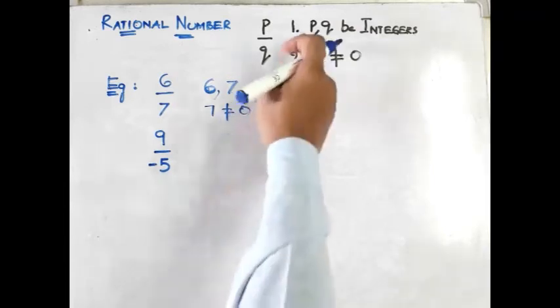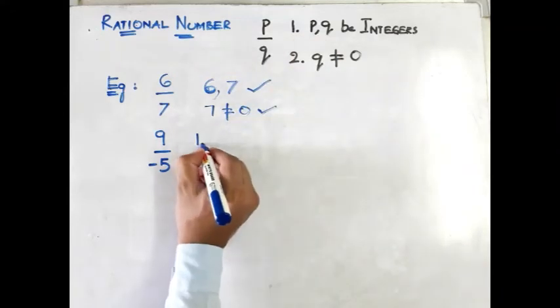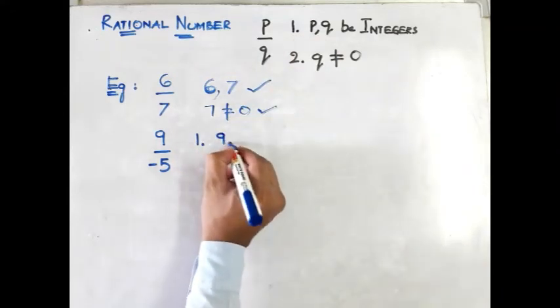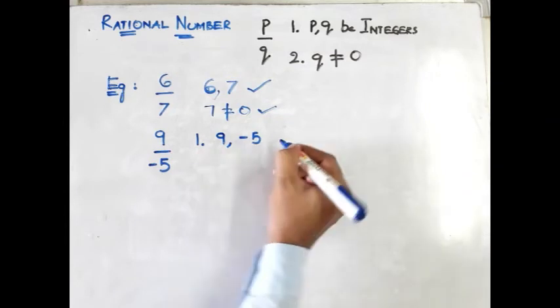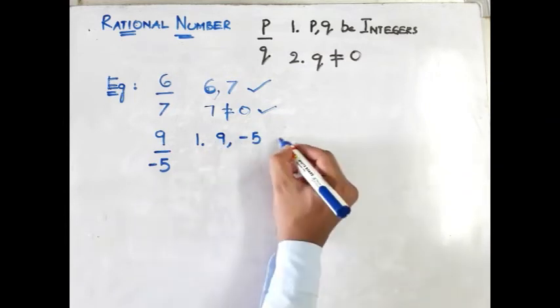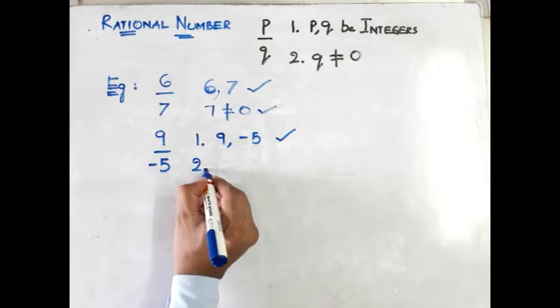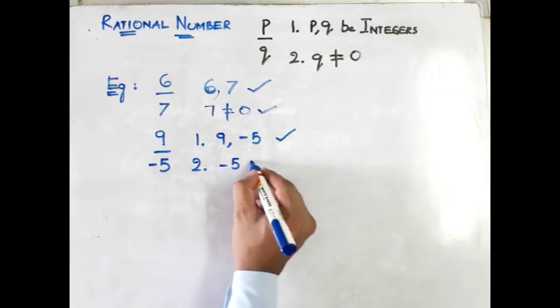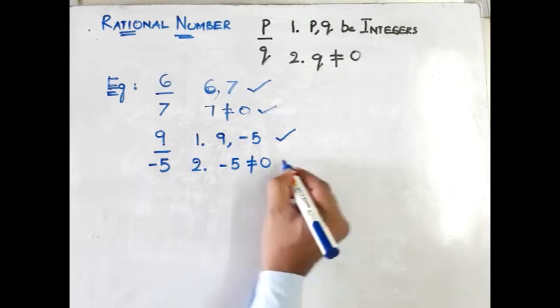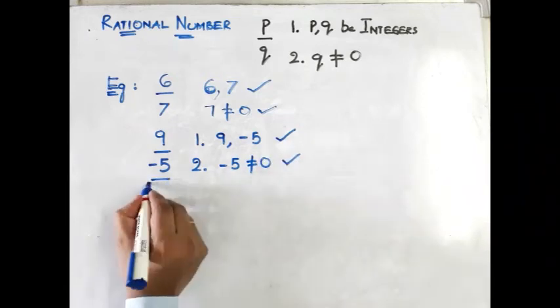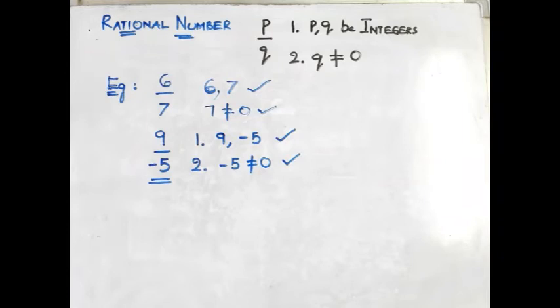Let us check these properties. p and q must be integers. 9 and minus 5 are integers, so it satisfies the first condition. Next, minus 5 is clearly not equal to 0. Hence, we can say 9 by minus 5 is a rational number.